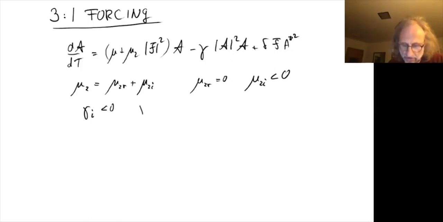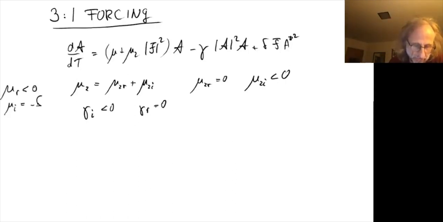Actually, gamma r is 0. And it turns out delta is purely imaginary, but let me get back to that later. I should also note that we have mu r is negative and mu i is equal to minus omega. So omega is that detuning, so mu i is that detuning. Okay, so that restricts the cases we're interested in.